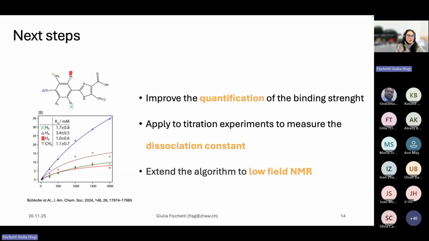And also to extend the algorithm to low field NMR, where the enhancement of the signal is higher, but then there are other challenges related to overlapping peaks and low signal to noise.